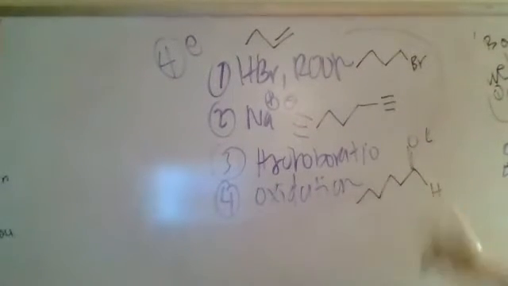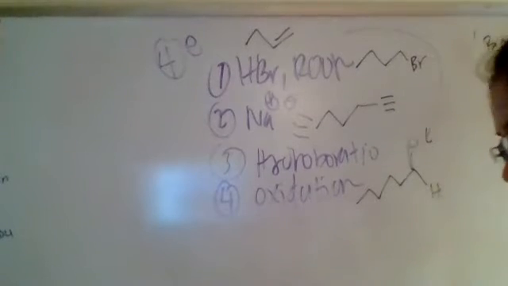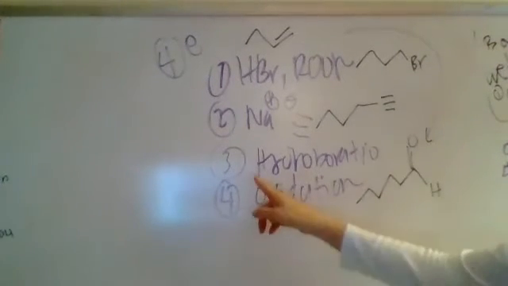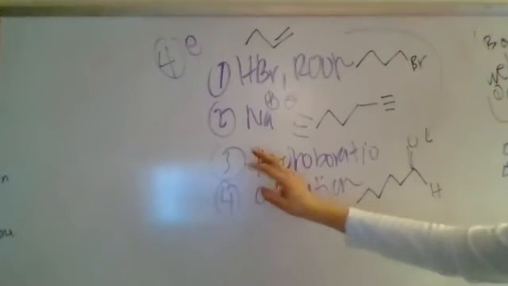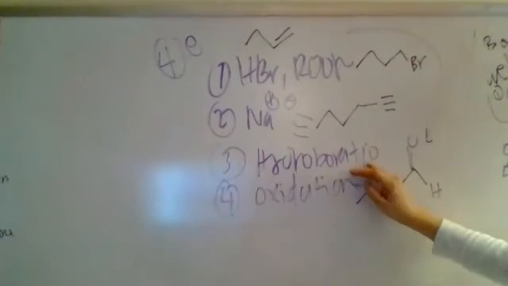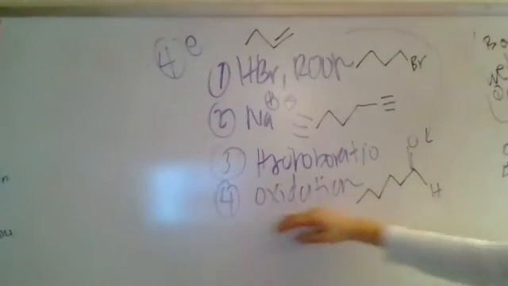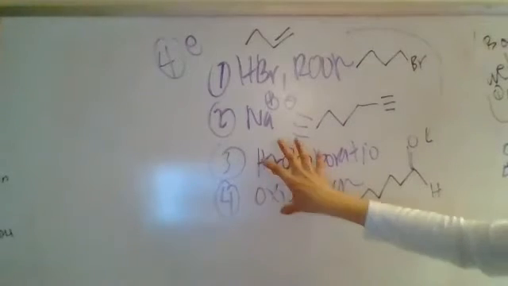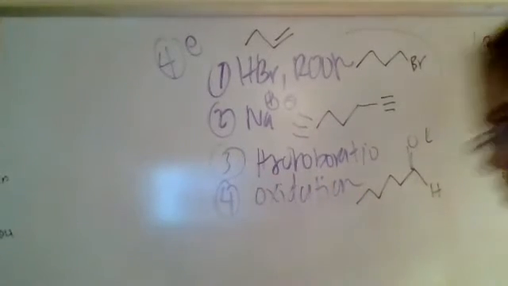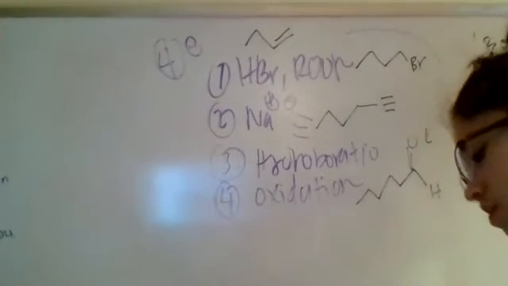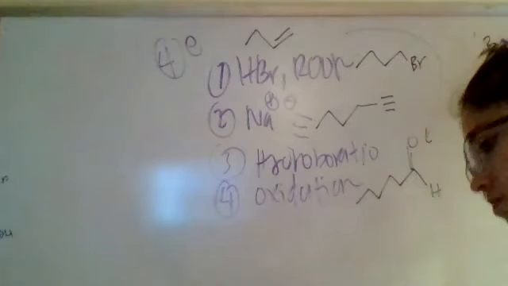Wait, why did you put hydroboration oxidation as 2 steps? Because it's a 2-stepper. Your step 3 would be the hydroboration part. Your step 4 is the oxidation part. Right, hydroboration is usually 1 step. Oh, it's the 2 parts.